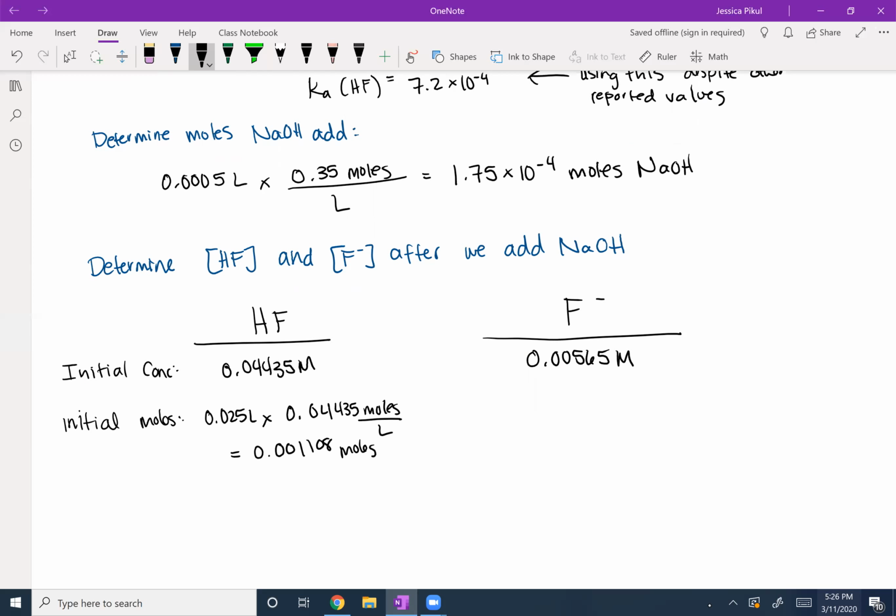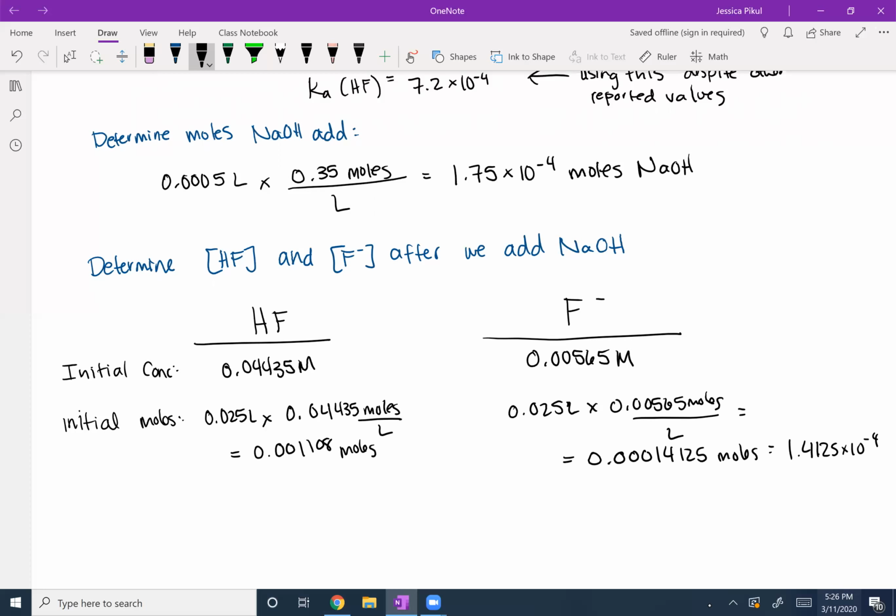And for our fluoride ion, that'll be 0.025 liters times 0.00565 moles per liter, for a number of moles equal to 0.000141125. From here, we're going to subtract or add the amount of moles that will react with our sodium hydroxide.